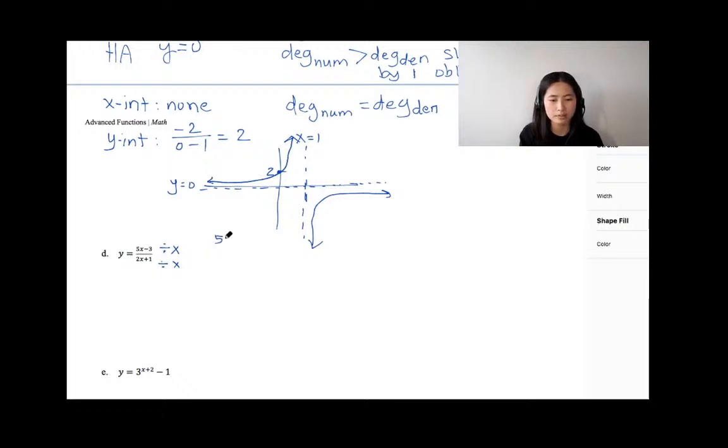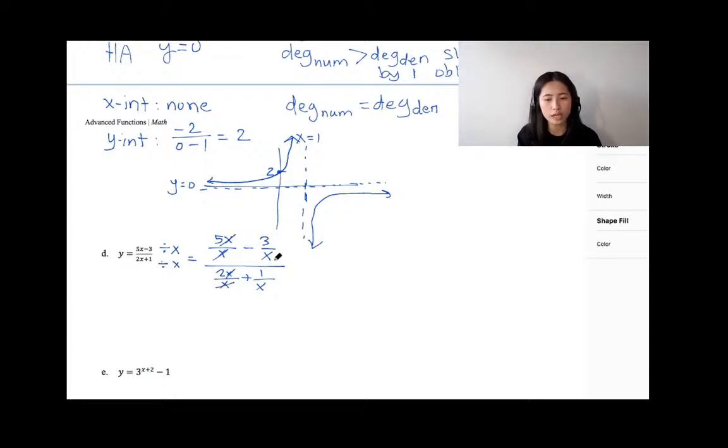I think I just have to write that down. So you're going to get 5, and this is now minus 3 over x, over your denominator. In this case, this would be 2x over x, and this is plus 1 over x. So you know that this is 5 and this is 2.